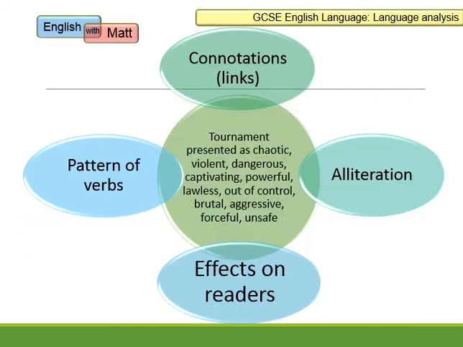So if we're going to use, I suppose, a diagram in order to think about beginning to put this all together, then in the middle we have words that we would use to describe this tournament. The writer clearly is wanting us to see this tournament as chaotic, violent, dangerous, aggressive, unsafe, and so on. And it's the devices around the outside and the connotations around the outside that creates that impression for us.